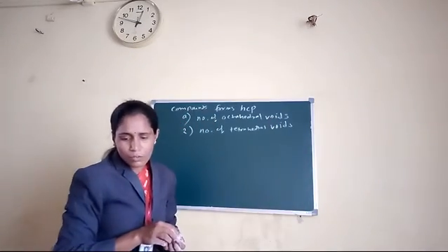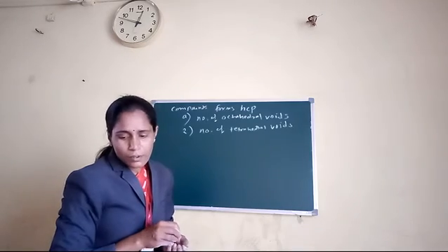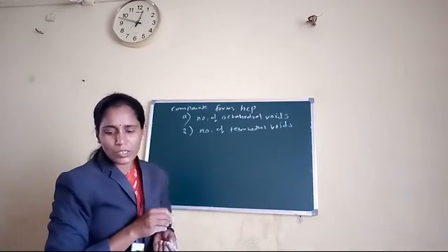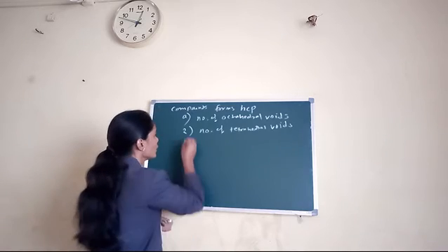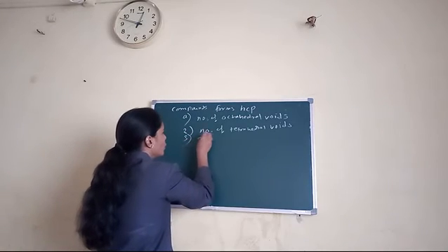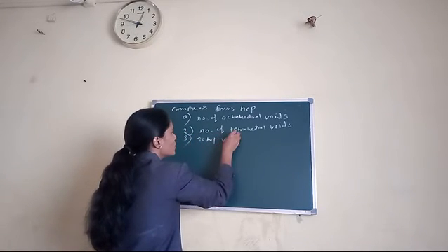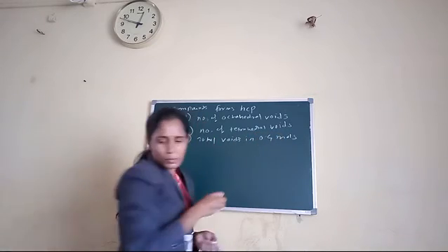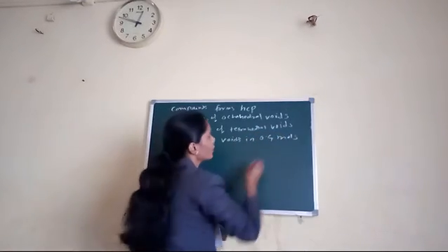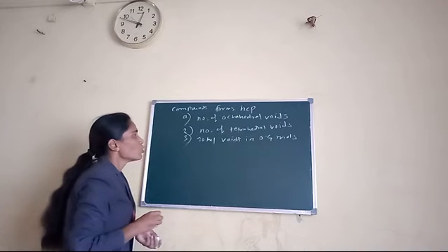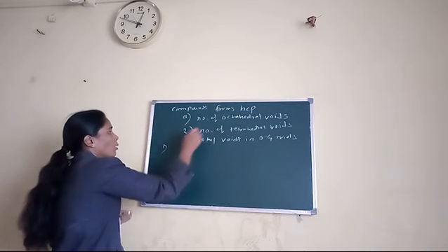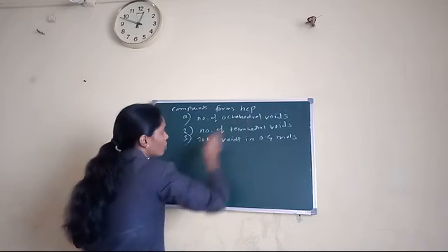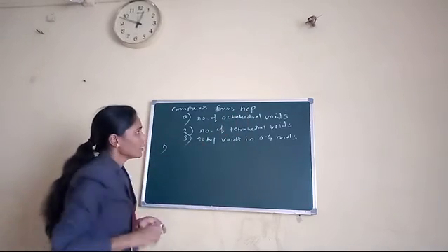And the third calculation is the total voids formed in 0.4 moles of the substance. First we calculate the number of octahedral voids in HCP.